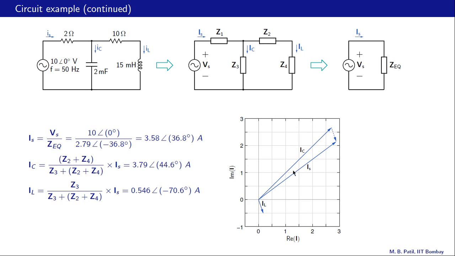That is Ic. This angle is 44.6 degrees. IL is much smaller in magnitude, 0.546, and it has a negative angle, minus 70.6 degrees. So that is our IL. And now we see that Ic plus IL is indeed equal to Is. So that means KCL is verified.